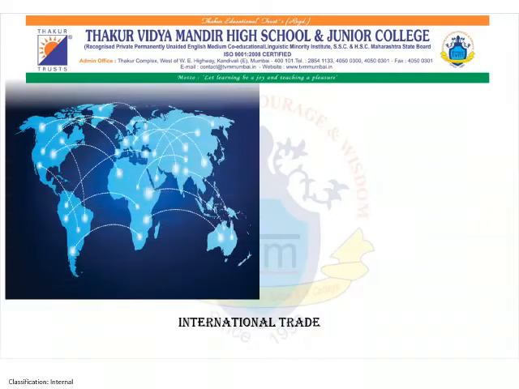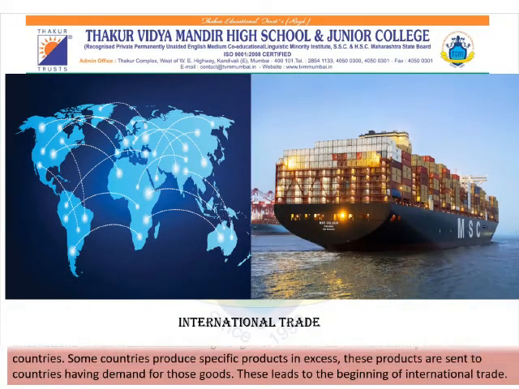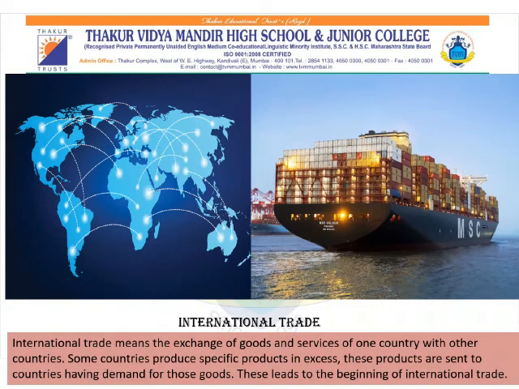The second type of trade based on the extent of trade region is international trade, or external trade. International trade means the exchange of goods and services of one country with another country. Some countries produce specific products in excess, that is, in large quantity.